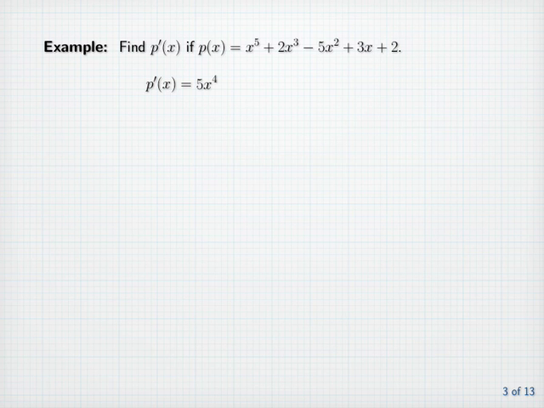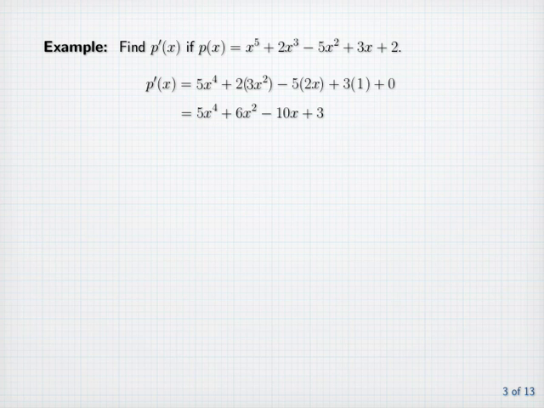Then we add 2 times the derivative of x cubed, which is 3x squared, and then minus 5 times the derivative of x squared, which is 2x, and plus 3 times the derivative of x, which is 1, and then plus the derivative of 2, which is 0. And so this simplifies, as you see here, to 5x to the fourth plus 6x squared minus 10x plus 3.